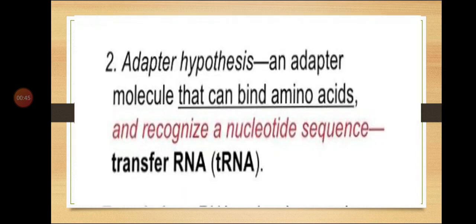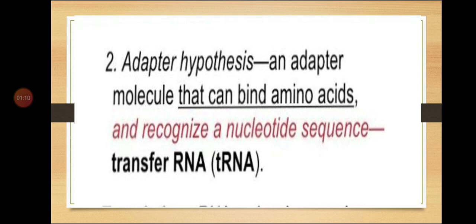Okay, let us start. Why is tRNA called an adapter molecule? What is this adapter hypothesis? An adapter molecule that can bind amino acids and recognize the nucleotide sequence, that is tRNA, transfer RNA, is called an adapter. I will explain this.